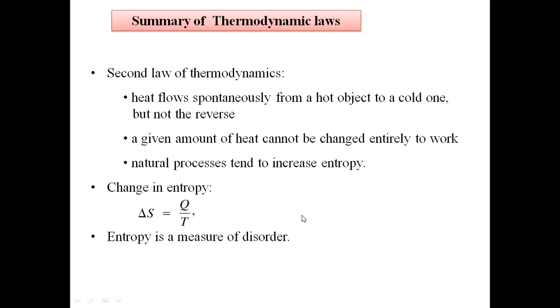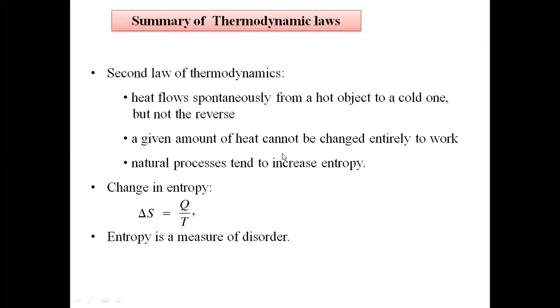In the second law of thermodynamics, heat flows spontaneously from a hot object to a cold one, but not the reverse. So the second law states that heat flows spontaneously from a hot object to a cold one, not from cold to hot.